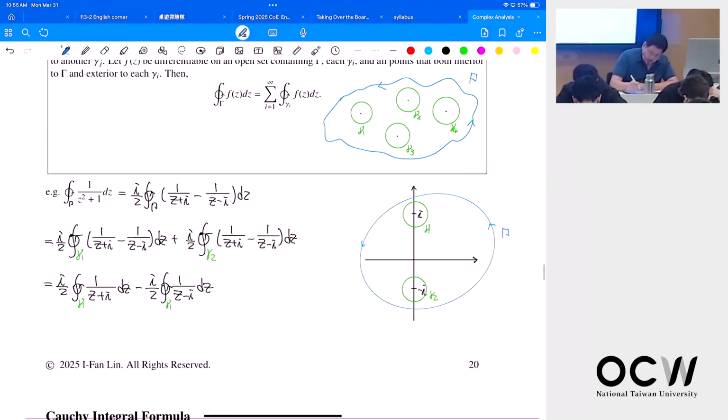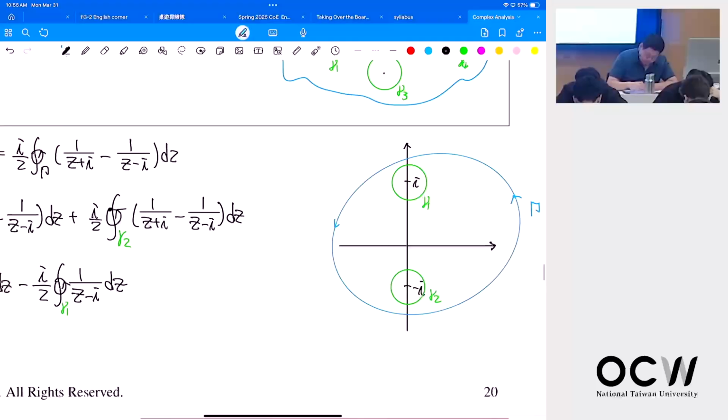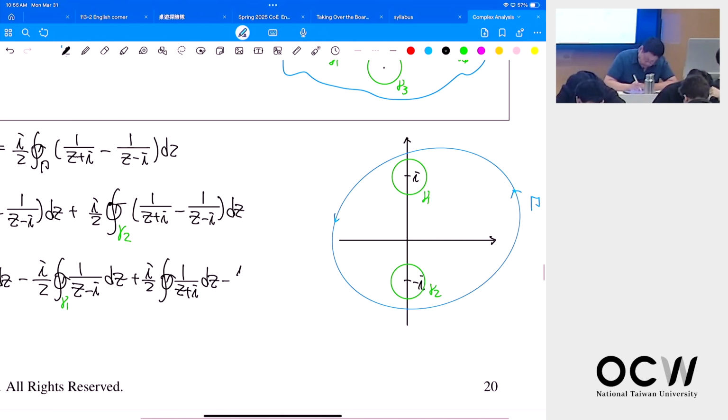And for gamma 2, we have also two parts: i over 2, 1 over z plus i dz, minus i over 2, 1 over z minus i dz. And this is for gamma 2.